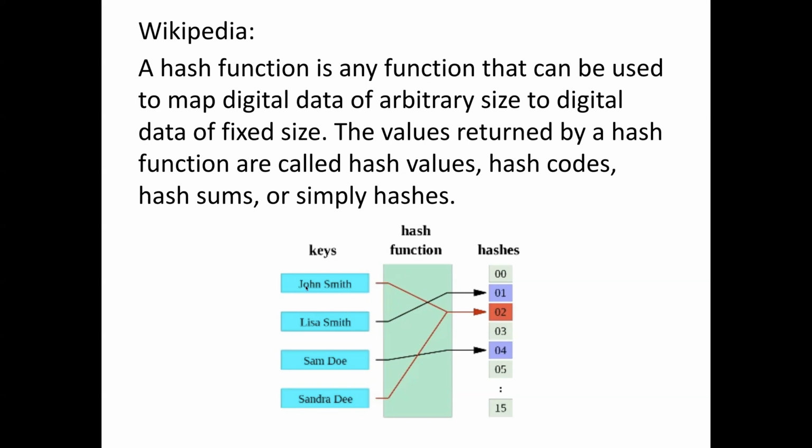The keys should be unique, and each key can be hashed to an index in an array, which is the typical implementation of a hash table. So given the input, I can calculate the key, and then find the location in the array. Hopefully it'll be a one-to-one mapping, and it's constant time, depending on how fast you can calculate the key from the input. Okay, so that's the definition of a hash function.